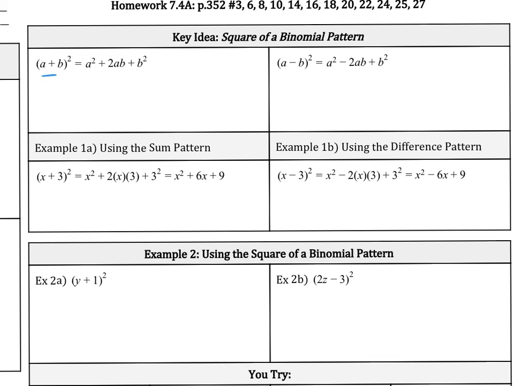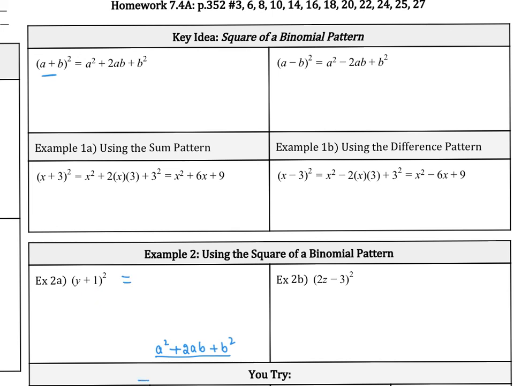Now, example 2a. This is a binomial expression, y plus 1 square, and I compare it with a plus b square. The formula for that is a square plus 2ab plus b square. I'm going to plug in the values, using a as y and b as 1.